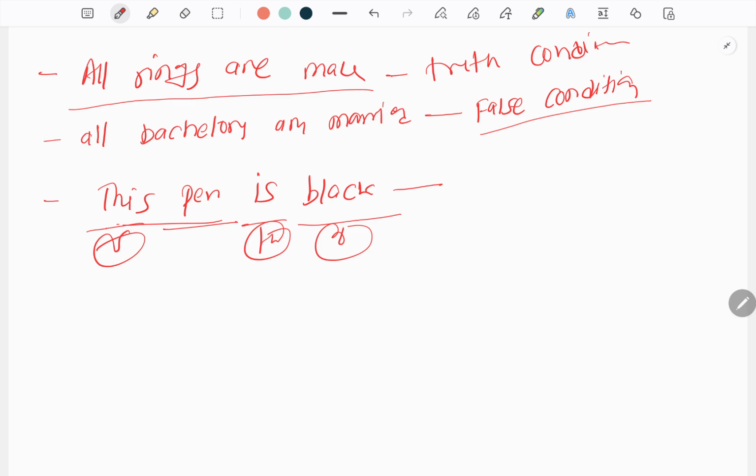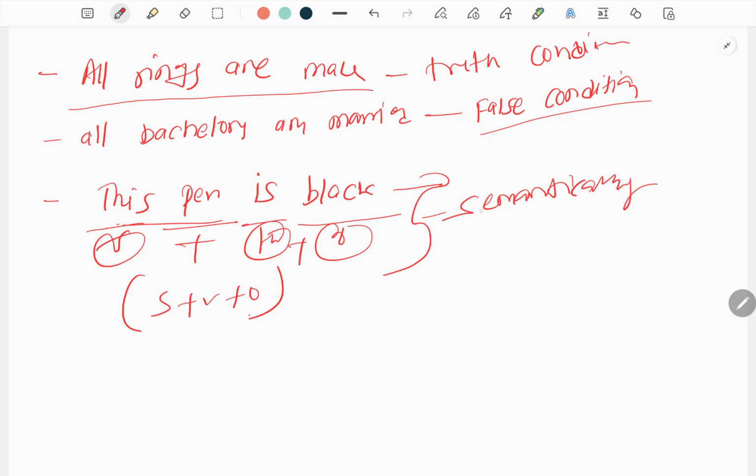So this follows the rules and regulations of grammar, S plus V plus O. So this sentence is correct, and it is also correct in one more way, that is semantically. This sentence is semantically correct.